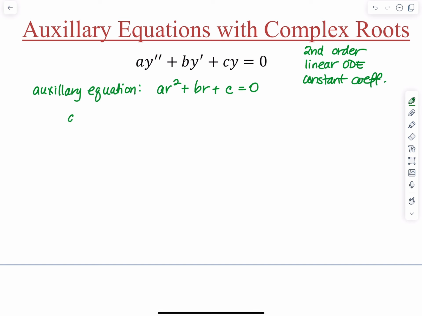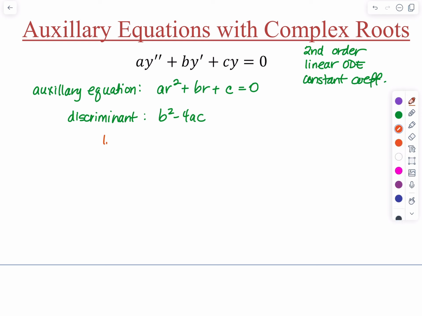So we take a look at what we call the discriminant. And that discriminant gives us the number and type of solutions that we will have. So in case number 1, if the discriminant is positive, we will have two real distinct roots.